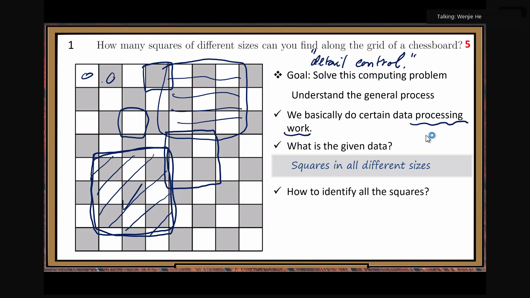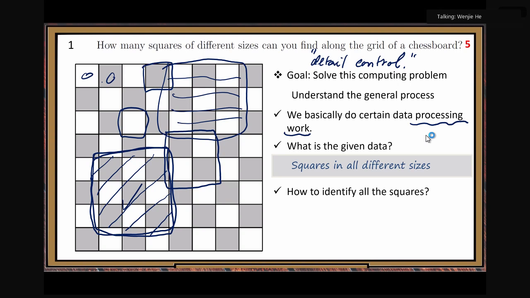Distraction. That's the distraction factor. If you consider colors, that's distraction. So we don't want to use unnecessary details.